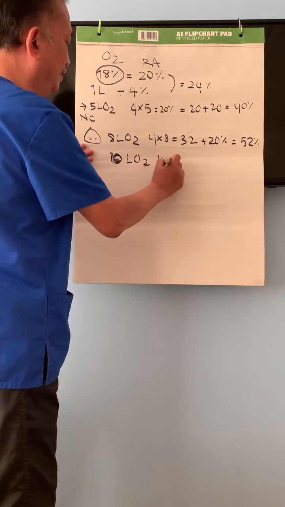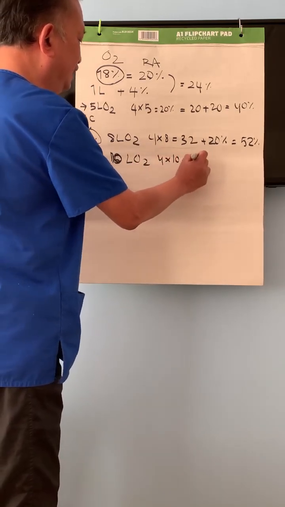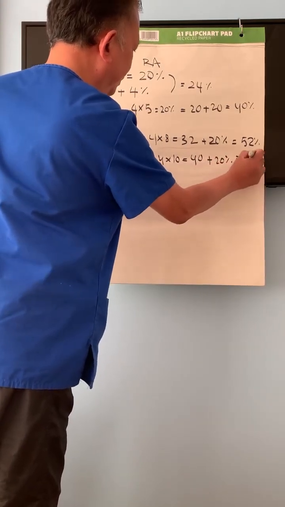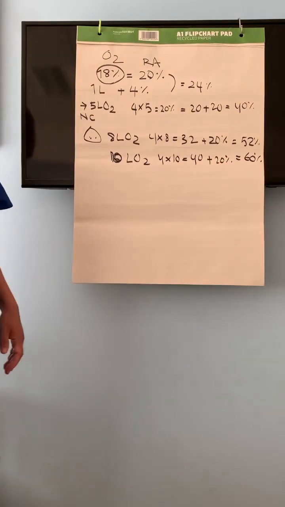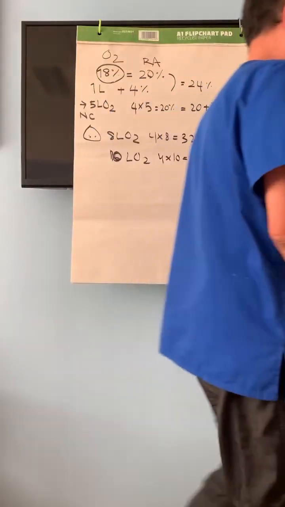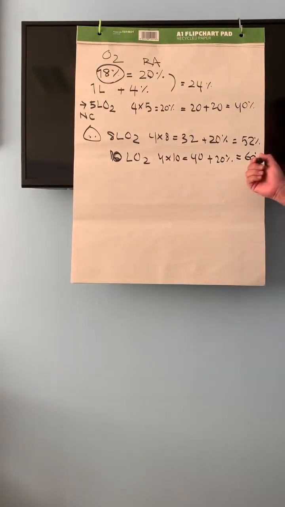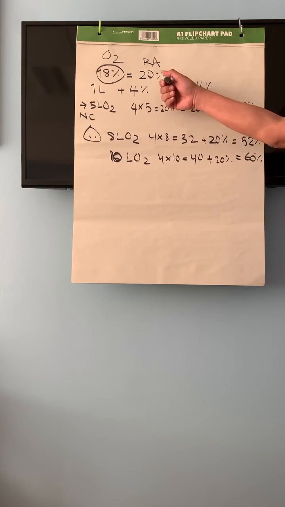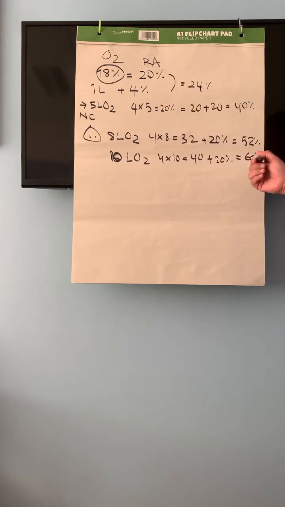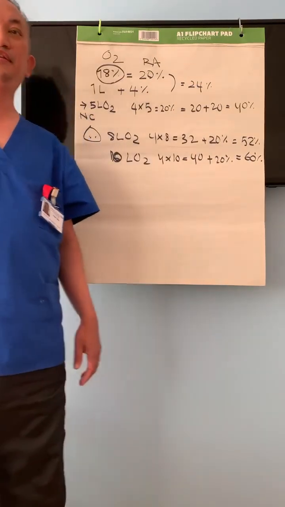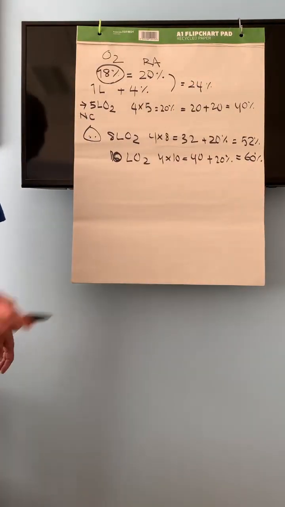So 4 multiplied by 10 is 40, plus 20% from room air, 60%. Someone needing 10 liters of oxygen is a little warning sign. 60% oxygen is quite a big dose compared to the 20% we usually breathe. The person needs 3 times higher oxygen than what we usually breathe.